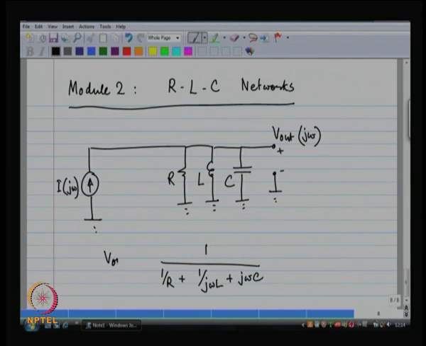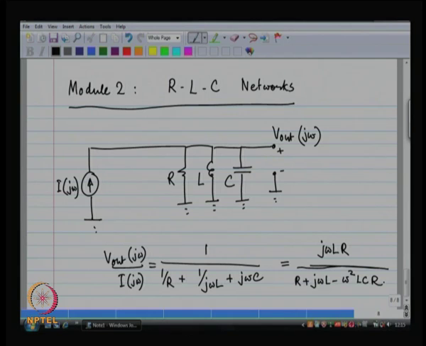So, V out of j omega by I of j omega is so much, which can be simplified further, and boils down to something that looks like this.